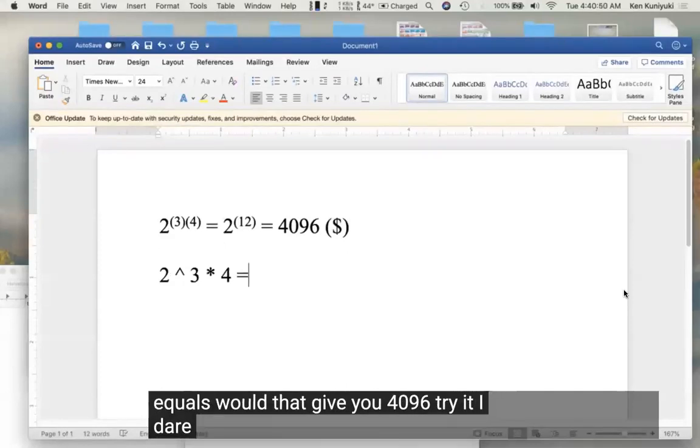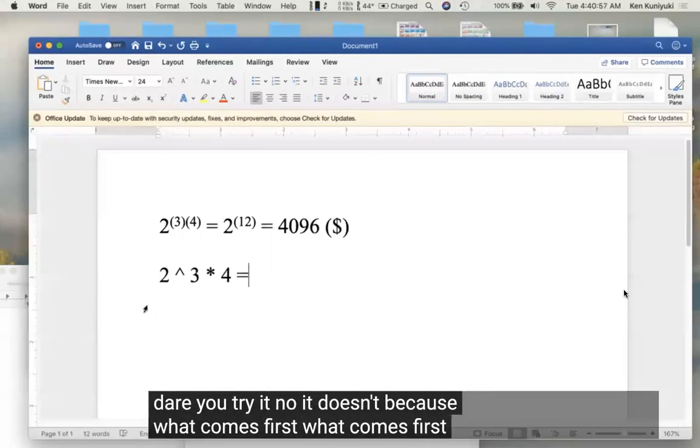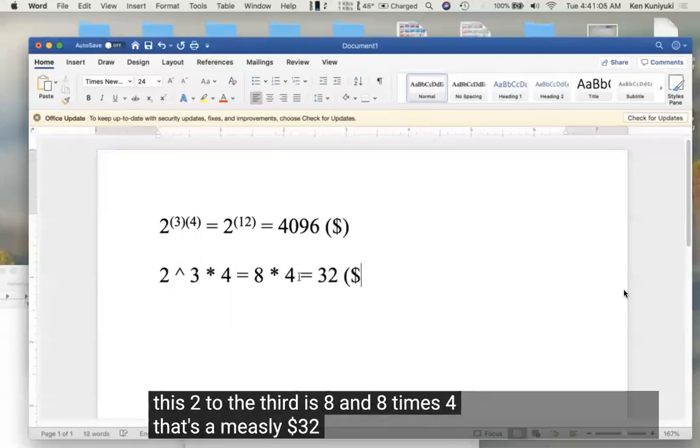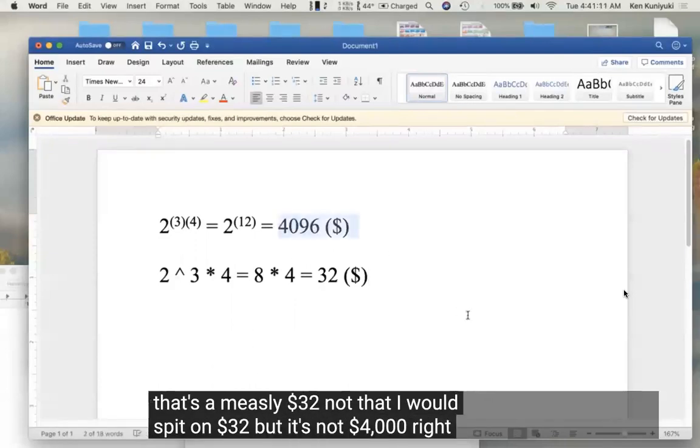Try it. I dare you. No, it doesn't. Because what comes first is this: 2 to the third is 8. And 8 times 4, that's a measly $32. Not that I would spit on $32, but it's not $4,000.